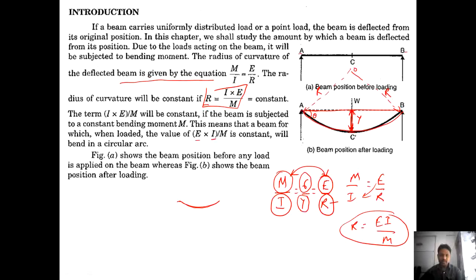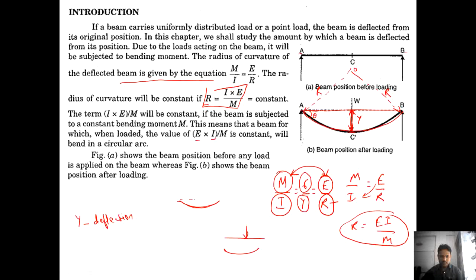The figure shows the position before any load is applied on the beam, whereas figure B shows the beam position after loading. Initially the beam is straight, and when loading is applied, either point load or uniformly distributed load or uniformly varying load, it will get bent in curvature. So three terms we have seen. Y is what? Deflection.